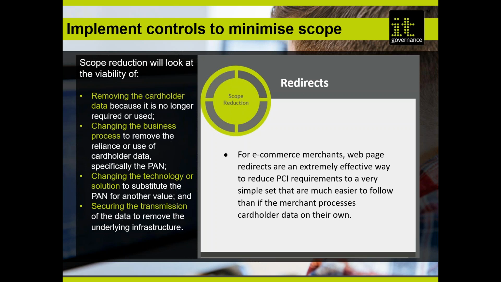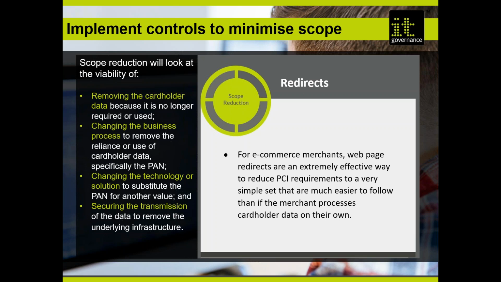What redirects do is they cause a new window, for example, an iframe, or a completely new window to be generated on the customer's browser, and after the customer proceeds to the checkout with their cart, the website takes them to a secure payment page that's hosted by a payment service provider to complete the payment.